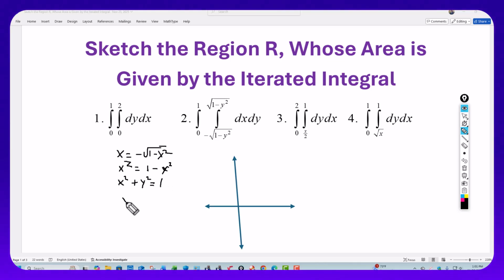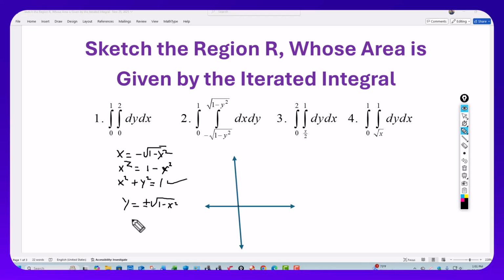So I could solve for y, take the square root, and say y is equal to plus or minus the square root of 1 minus x squared. Now this of course is a circle. Center is at the origin, radius is 1. The positive gives me the upper half of the circle.